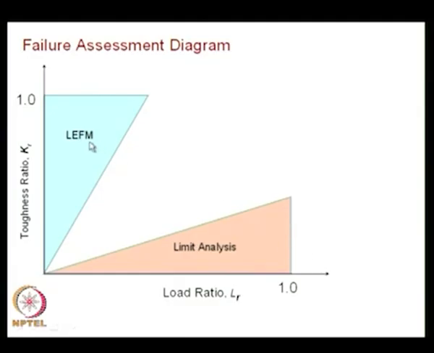So between the regions of LEFM and limit analysis, you have a region dictated by elastoplastic fracture mechanics. In this region you have to depend on elastoplastic fracture analysis, and we will also look at what the variation is.